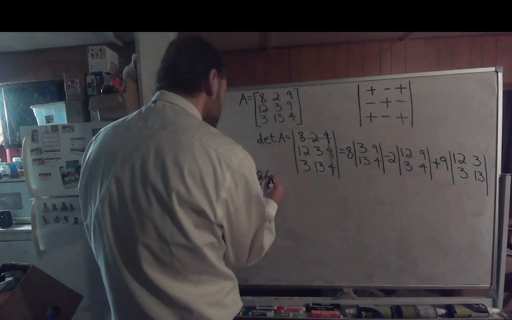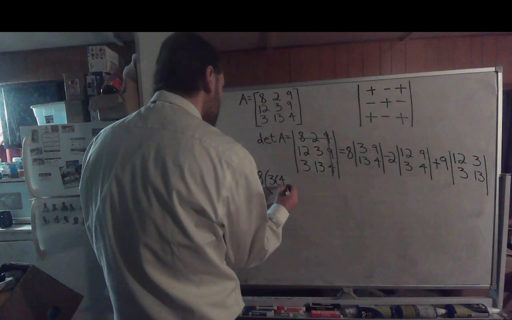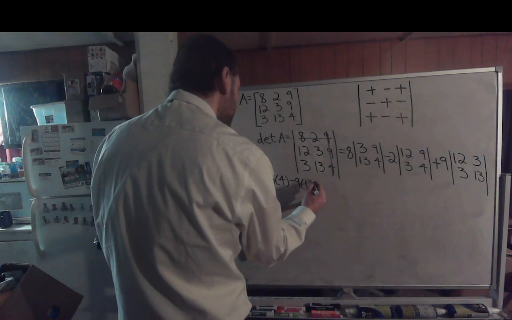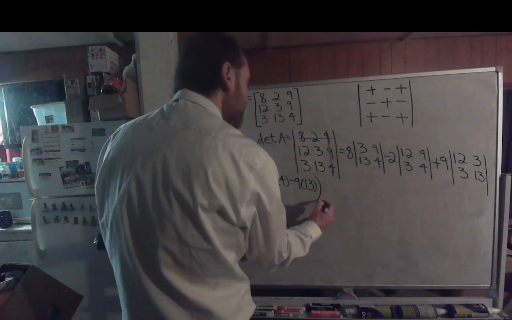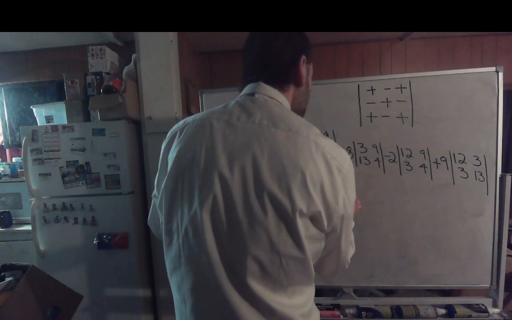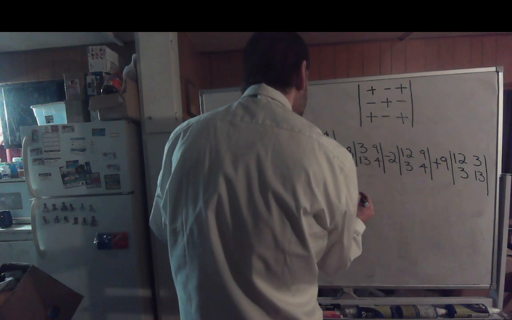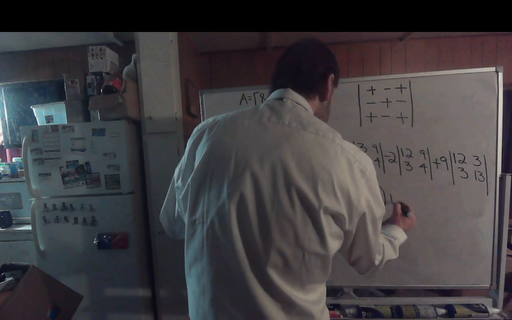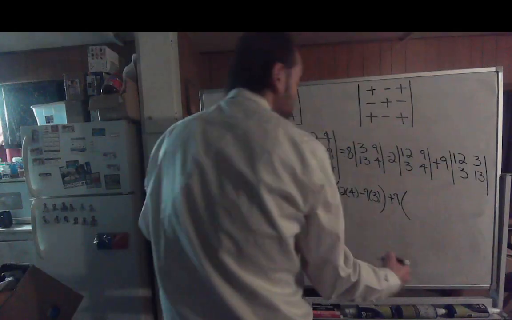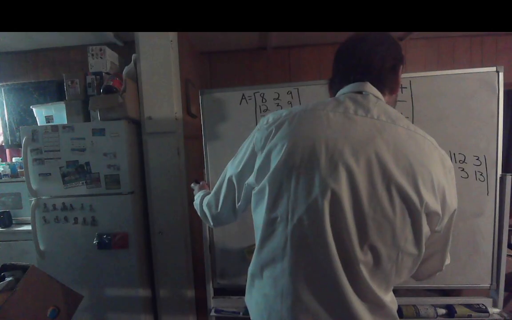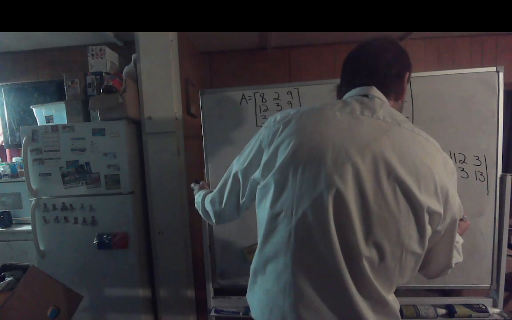Let's just keep it where it is now. 3 times 4 minus 9 times 13 minus 2 times, let's see, 12 times 4 minus 9 times 3 plus 9 times, let's see, 12 times 13 minus 3 times 3.